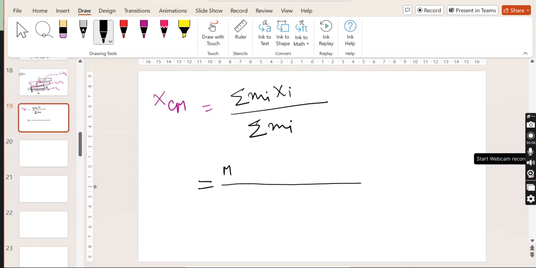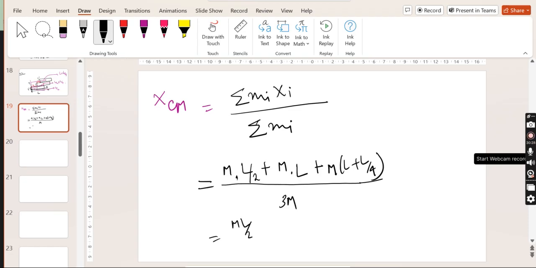So that will be m into L by 2, plus m into L, plus m into L plus L by 4, divided by 3m.